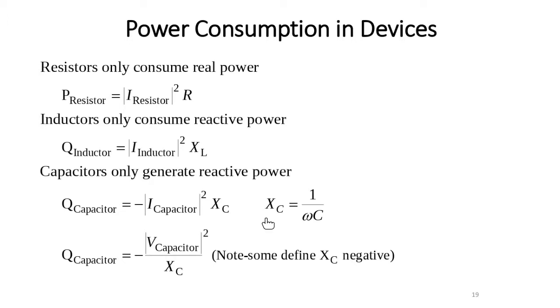So the inductors consume reactive power. I square R will be heat. That's why the wire becomes hot. Why does the wire become hot? If there is a current flowing in the wire, because of I square R, I square R is converted into heat. So the wire becomes hot.